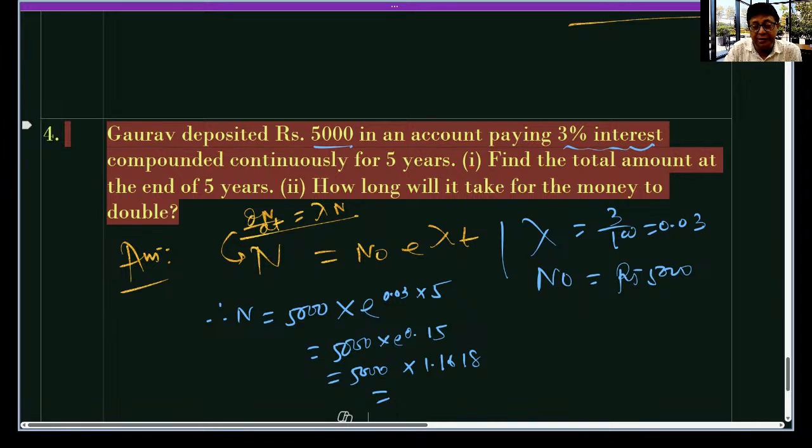I am using a calculator here. On the computer, the calculator app is available. I have to reduce the screen, so better I do it outside the calculator. You do it manually, okay? I am doing it just by mobile calculator. 5,000 into 1.1618.